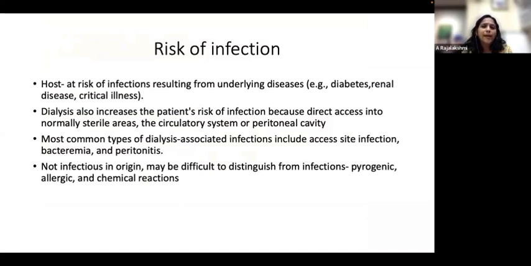They also have low albumin. All this increases the risk of infection. Dialysis also increases the patient's risk of infection because of direct access to a normally sterile site, which means the bloodstream, and also the peritoneal cavity if the peritoneum is the access for the dialysis. The most common types of dialysis infection include access site infection, bacteremia, and if it is the peritoneal mode, then peritonitis.